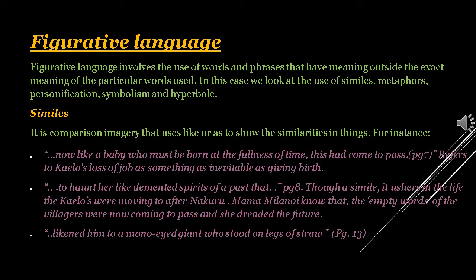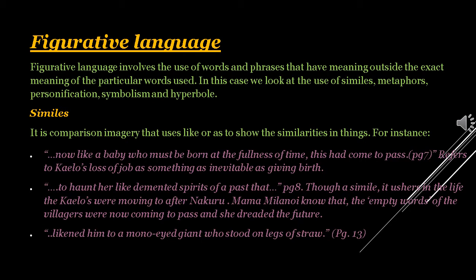In other words, they are implicit. Implicit meaning that they are indirect. You have to find out what the writer exactly means by the use of those words or phrases. In this case, we look at the use of similes, metaphors, personification, symbolism, and hyperbole.